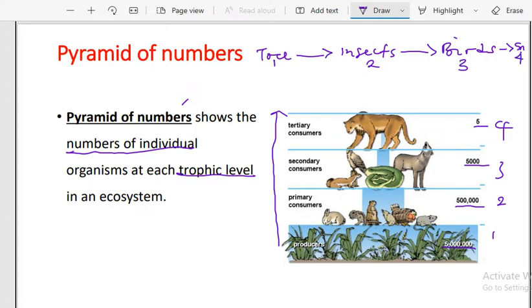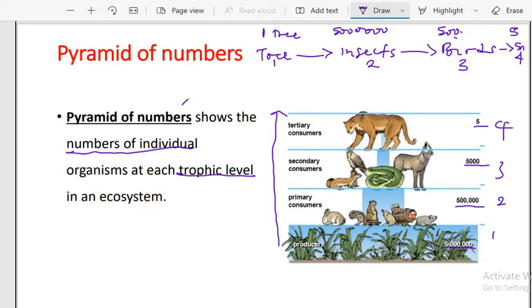What will happen in this case is you can have a single tree, that's one tree, and we are looking at numbers, and you can have close to, let's say, 5 million insects on that single tree. Then the birds that are coming to feed on those insects, let's say 500 birds. Then snakes, let me say you have like 5 snakes on that tree. So these are the numbers of organisms.